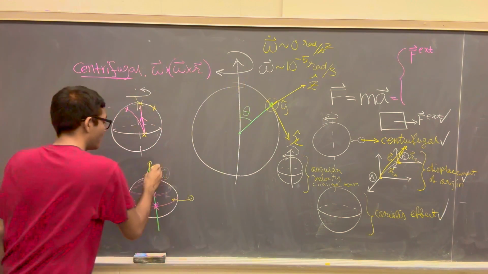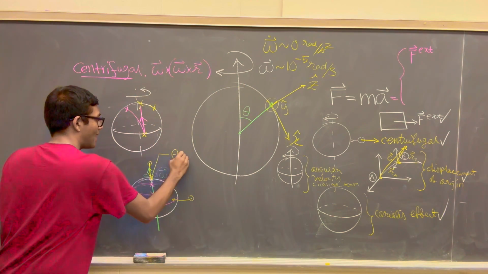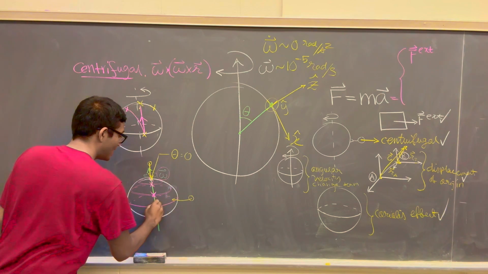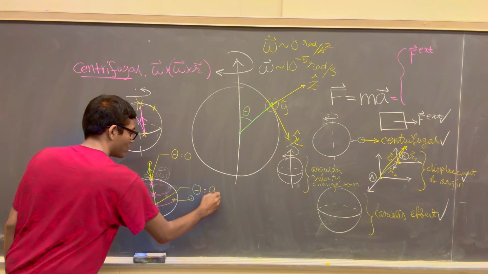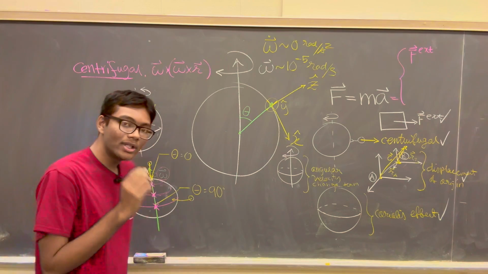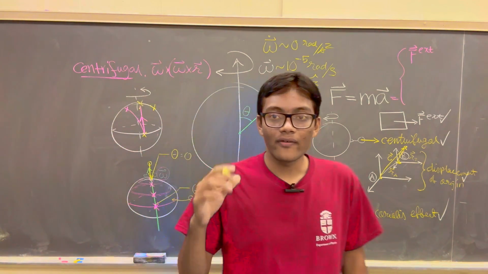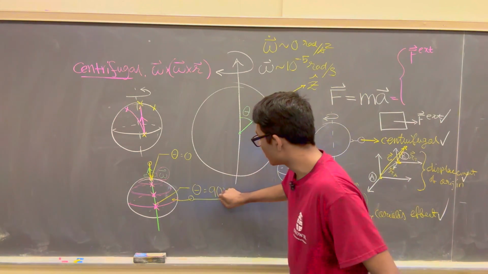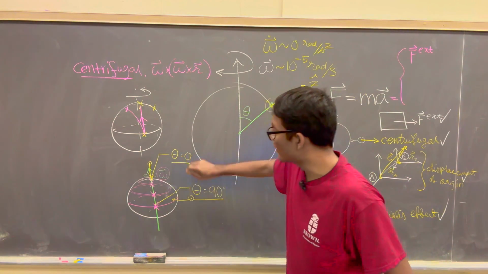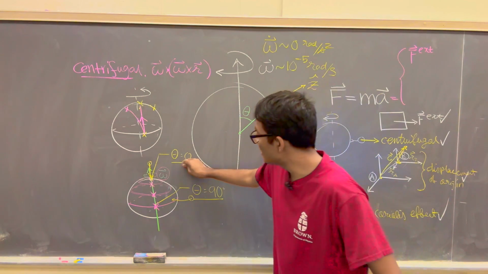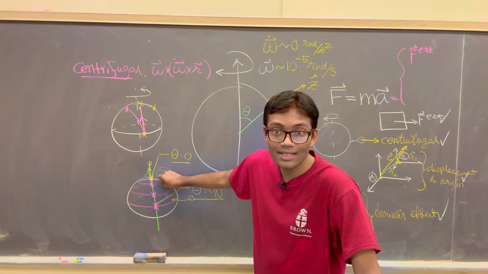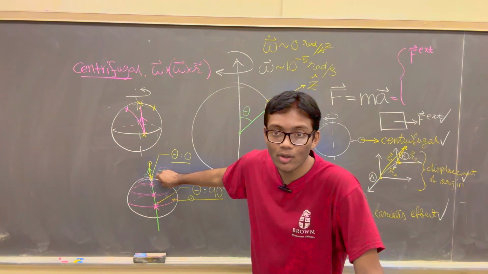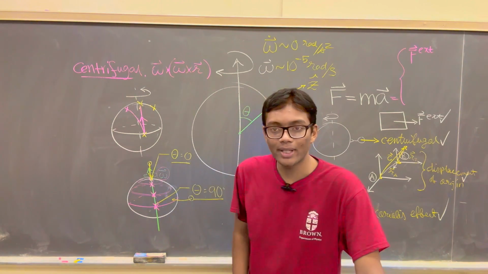Theta is 0 if you're on the North Pole, and theta is pi over 2, or 90 degrees, if you're on the equator. Now we know that the effect of the Earth rotating is maximized if you're on the equator, whereas there is essentially no effect if theta is 0, at the North Pole, because the North Pole does not have to rotate to achieve an angular velocity of omega.